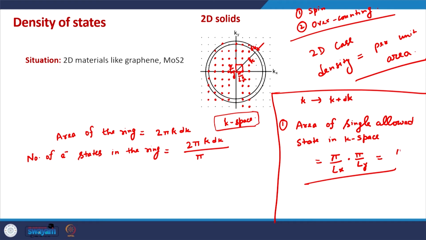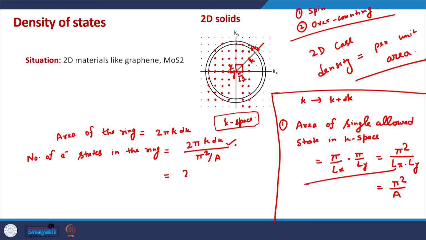The area of a single state would be pi square divided by Lx times Ly, and Lx times Ly is also the area of the entire solid essentially. So, the number of electronic states in the ring would be the area of the ring, which is this, divided by the area occupied by a single state. So, it would be pi square by A.